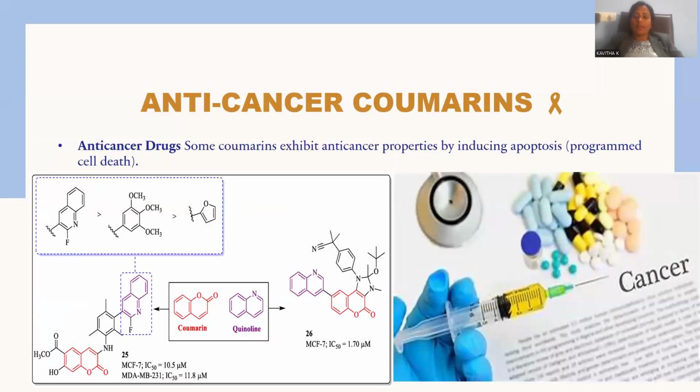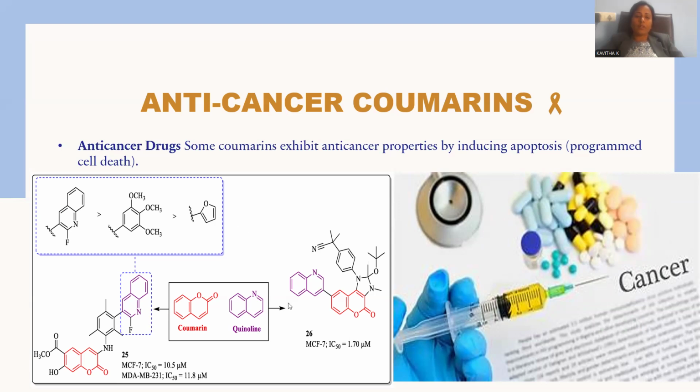Anti-cancer agents: multiple anti-cancer coumarins are already proven and are in the market to cure the dreadful, very chronic cancer disease, which is the most chronic disease worldwide. And here is the coumarin-related motif, in conjunction with this quinoline. And here you can notice this imidazole molecule as well. So this together has effective anti-cancer curative property.